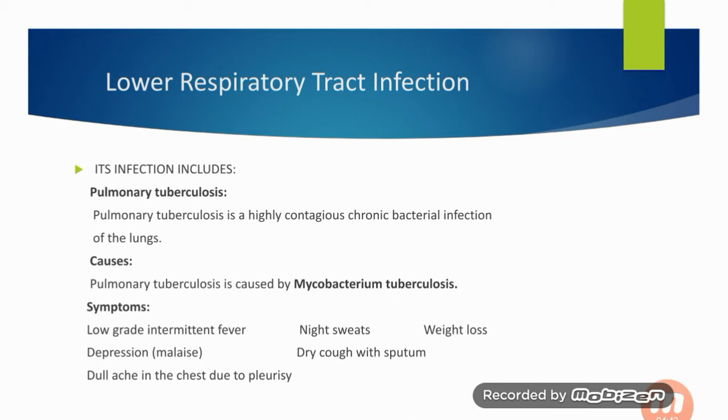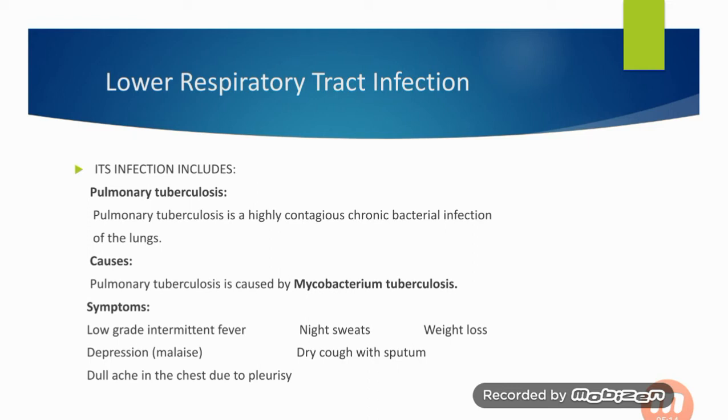Now we will discuss the lower respiratory tract infection, and its infection includes pulmonary tuberculosis. Tuberculosis is proved to cause 1 million cases per year. Tuberculosis, commonly known as TB, is an airborne infectious disease.